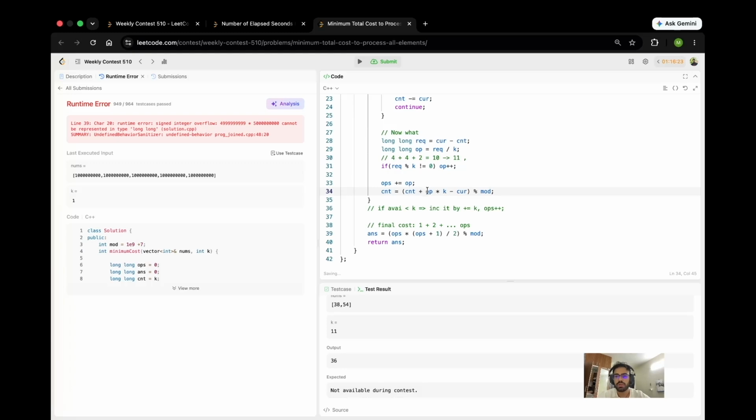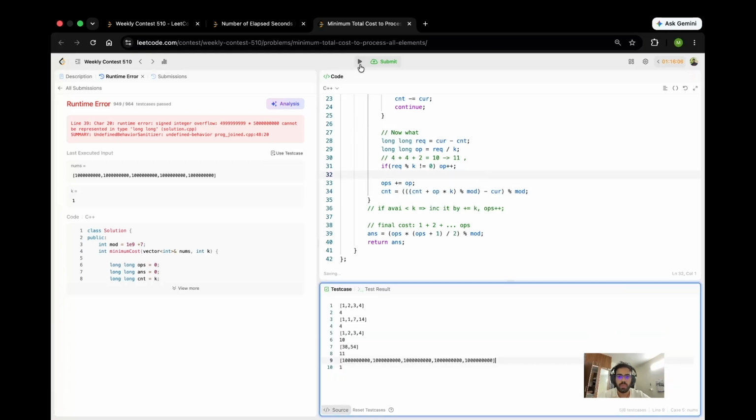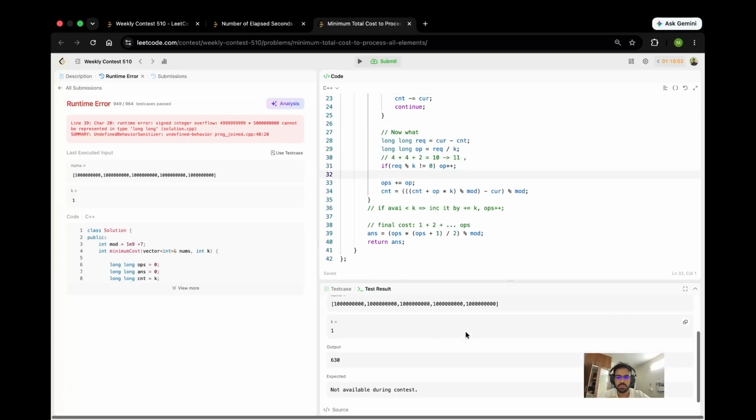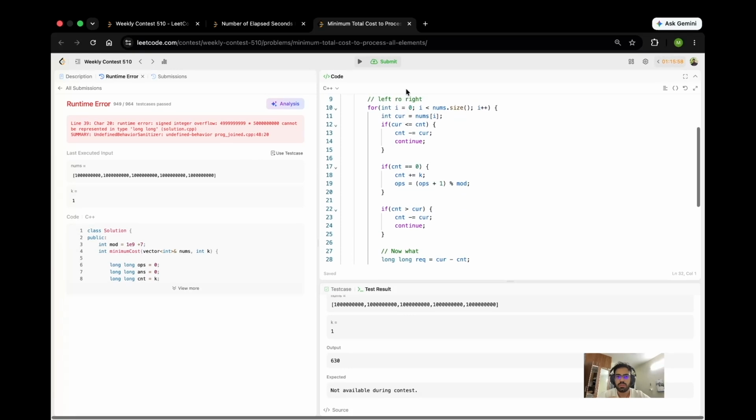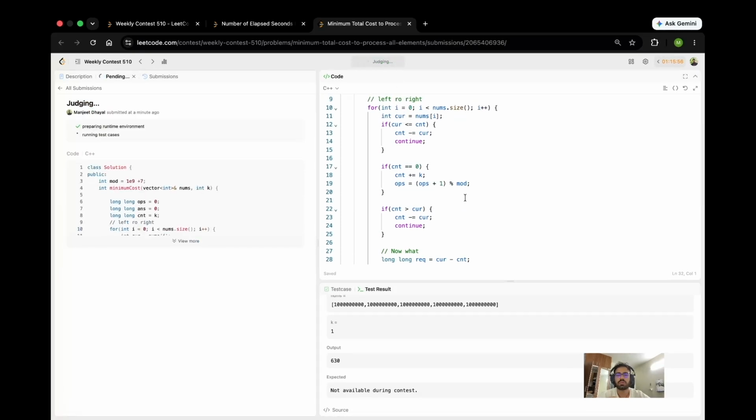Small. It will definitely be greater than this thing. Percentage of mod. Run. We don't know. It's not integer overflow.